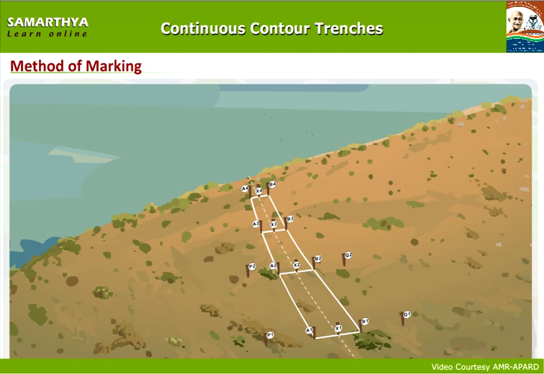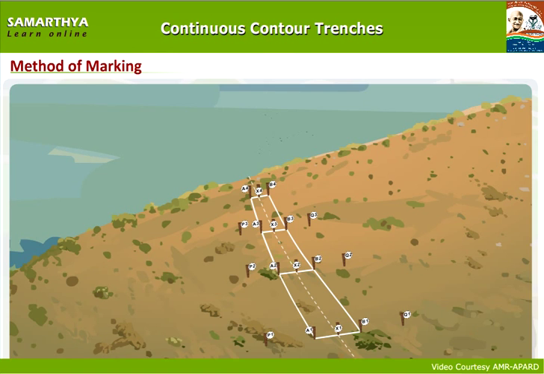From A3, measure 0.3 meters on bottom side and fix a wooden pole and mark it as P3. From B3, measure 0.3 meters on upper side and fix a wooden pole and mark it as Q3.